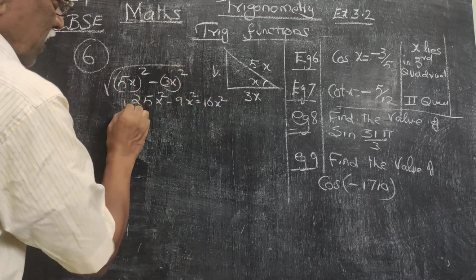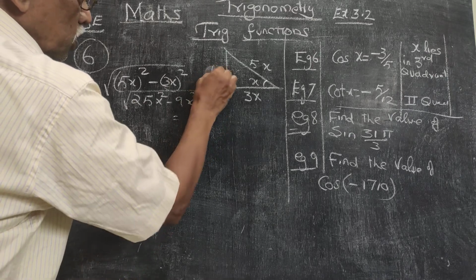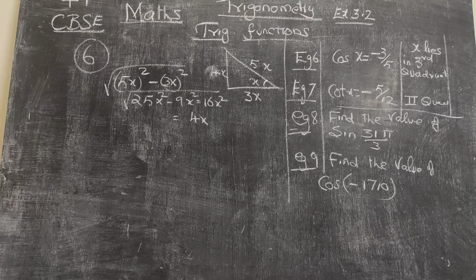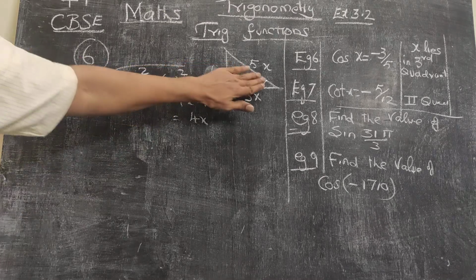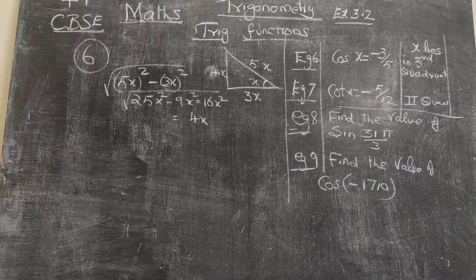So the square root of that is 4x. You can find it without even putting that x. More technically, we are saying let it be 3x. This x is different from this x. I have simply put x here. So we have found all the three sides of the right triangle.